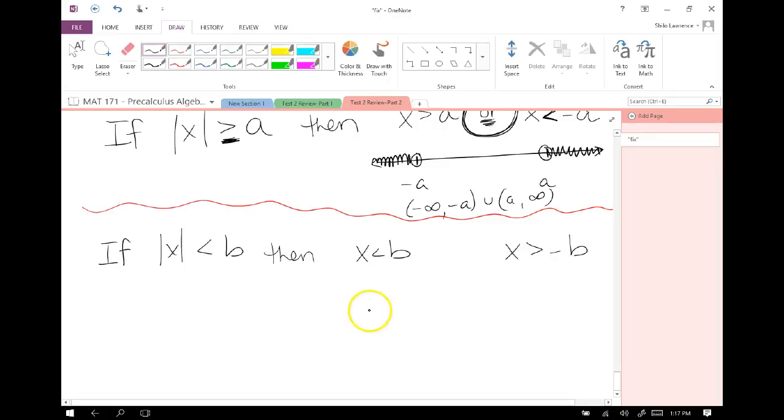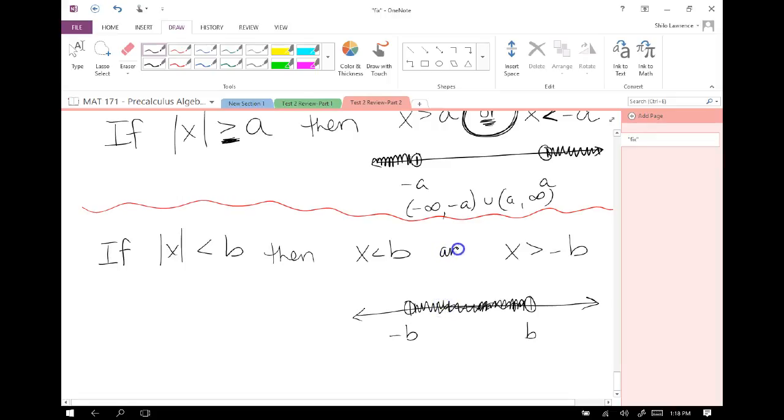And if you look at these two pieces graphed on a number line, negative b is going to be lower, positive b is going to be higher. And this says we're going to shade above negative b. This one says we're going to shade below positive b. These two guys are going to meet in the middle.